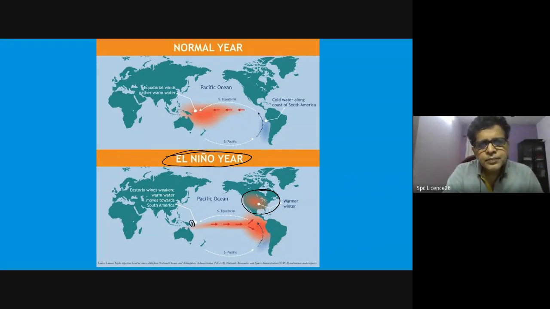In a normal year, you'll have these colder waters here, and you'll have these warm waters moving here, and as a consequence, you'll have a strong monsoon here.